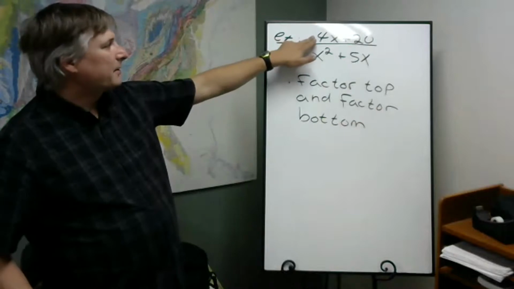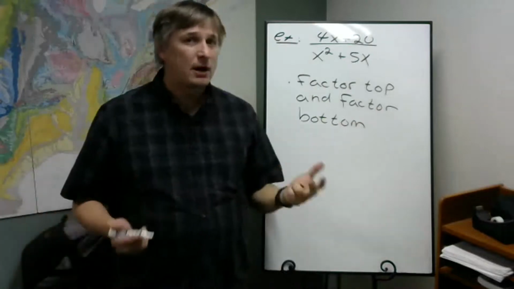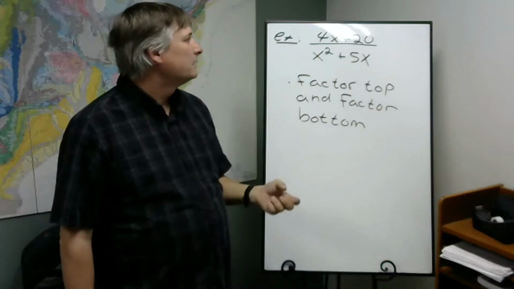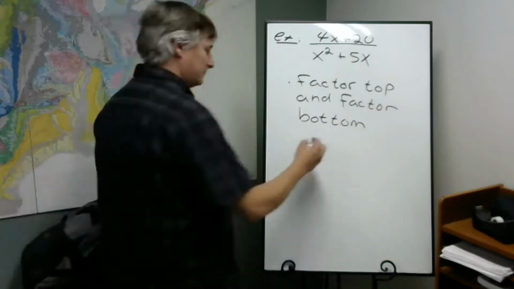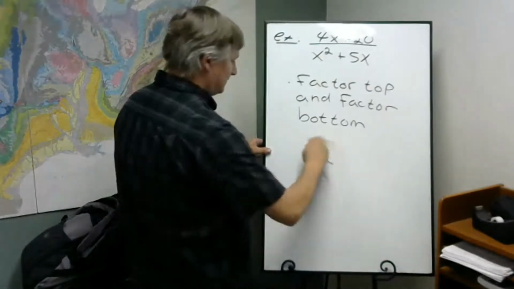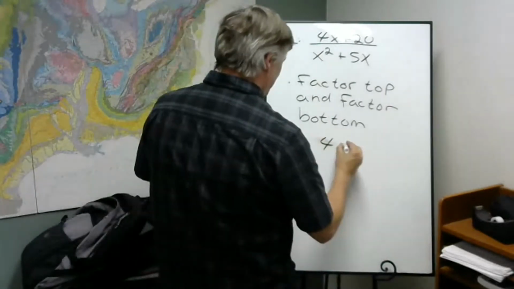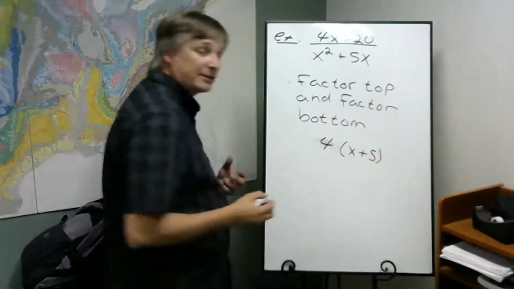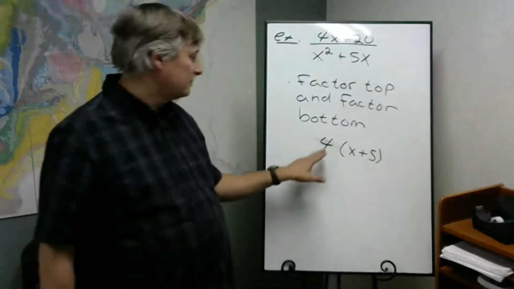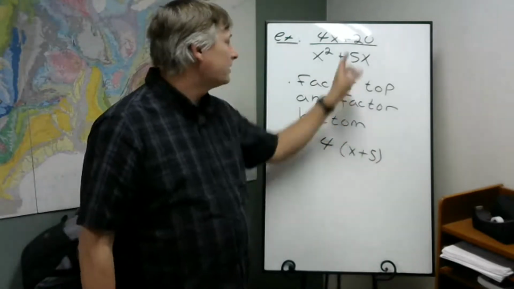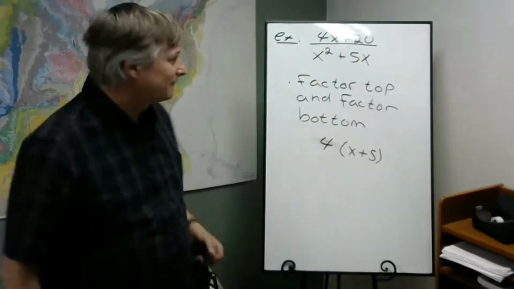So in the top here, we can use greatest common factor. And what's common for these two terms is 5. I'm sorry, no, 4. So we factor out a 4. We're left with x plus 5. And if you want to check this, 4 times x is 4x. 4 times 5 will give you 20.